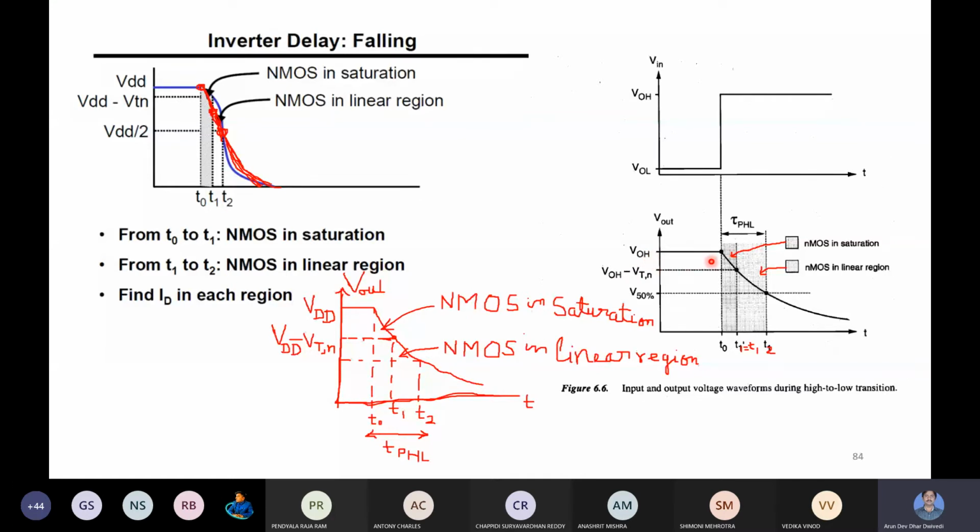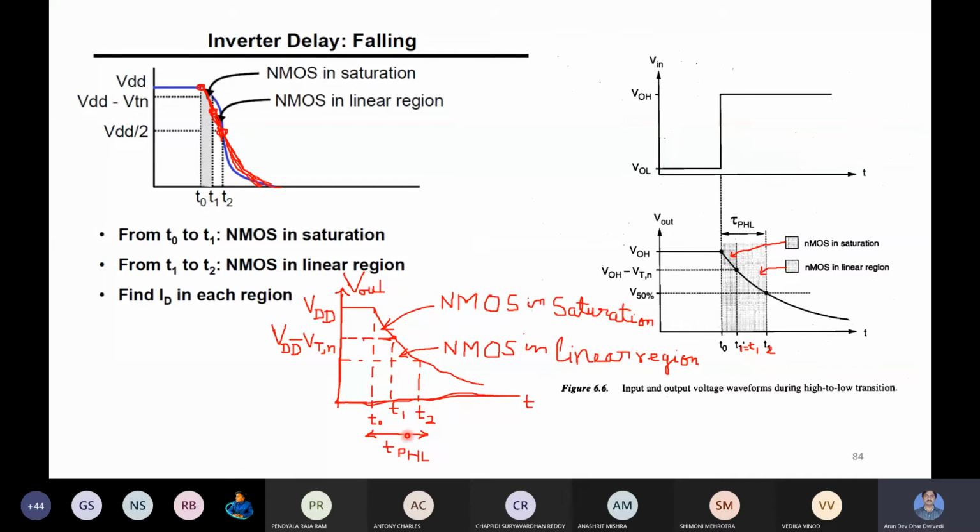As the output voltage goes just below VOH minus VTN, it becomes linear region. So here to here it is in linear region. During the integration, we will take ID in saturation here, and ID in linear region here, up to 50%. Then we find the two delays, T1 minus T0 and T2 minus T1, and add them together. Then we will find TPHL.